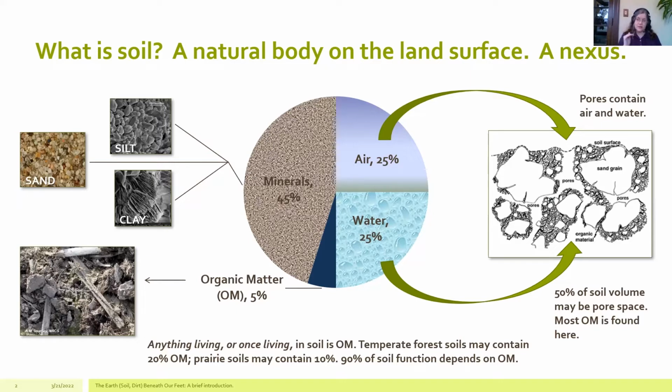It has layers that are different from the parent material, being bedrock, due to the addition, loss, and transformation of energy and matter, usually through a combination of chemical, physical, and biological processes, and/or the ability to support rooted plants in a natural environment.